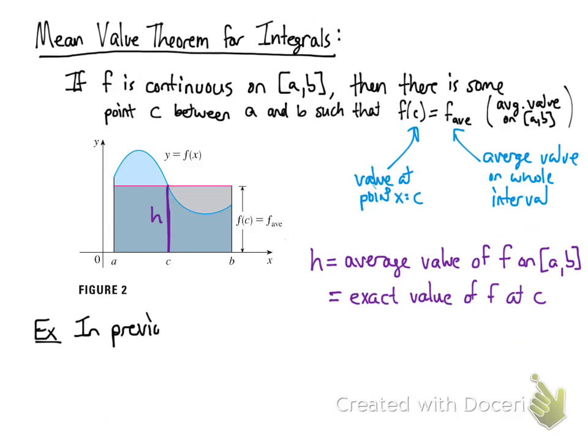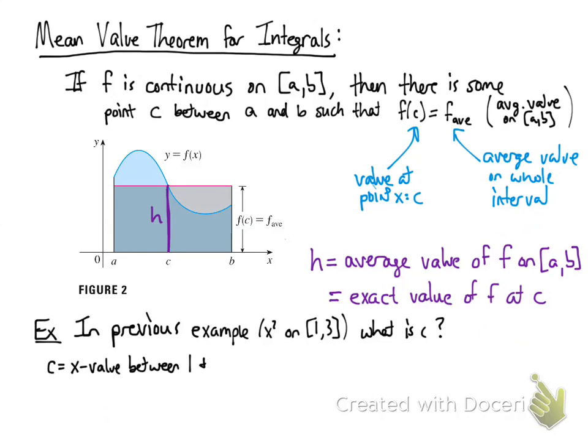Okay. For example, in our previous example, where we found the average value of x squared on the interval from 1 to 3, what is c? Well, c, from the mean value theorem for integrals, is an x value between a and b, so between 1 and 3, and it has the property that f of that c equals the average value. Well, f of c in this case is just c squared, and the average value we already found, that's 4 1/3.